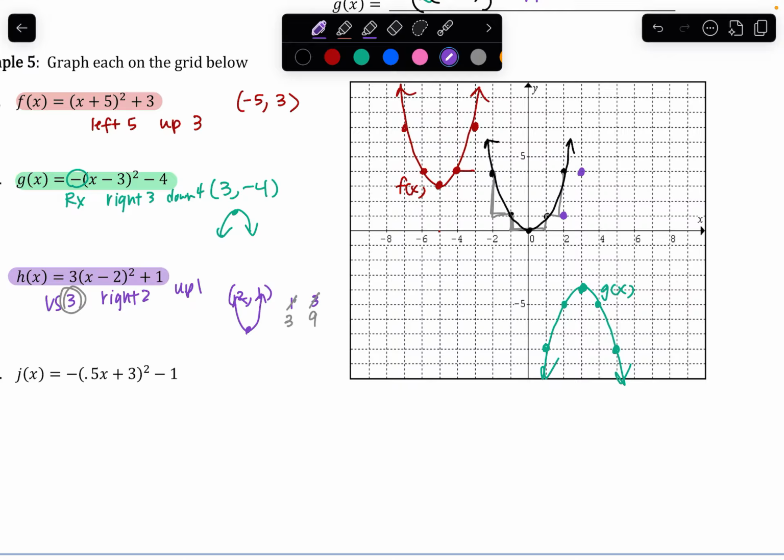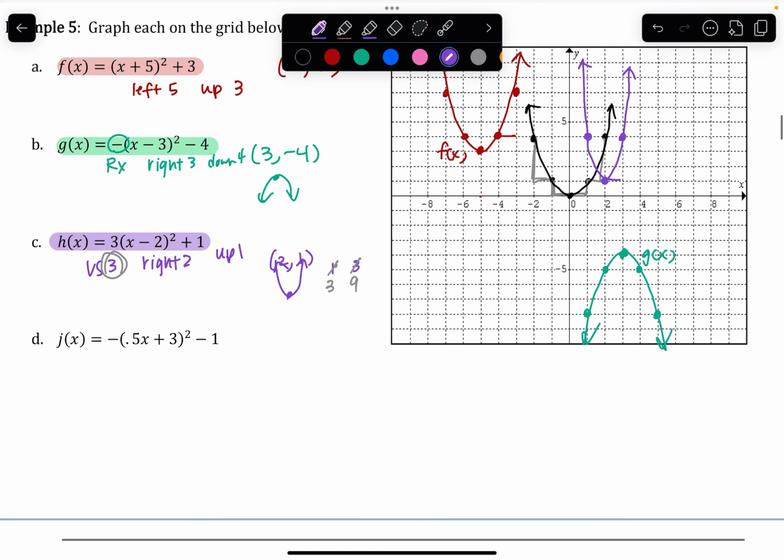Up 3 over 1. Okay, and then that's going to be enough to graph your point. The next point would be 9 more units up, which would fall off our graph. So over 1, up 3 because of the vertical stretch by 3. The rest weren't, so you still have the up 1, up 1. You can kind of treat it like slope for those first 3 points in the middle.